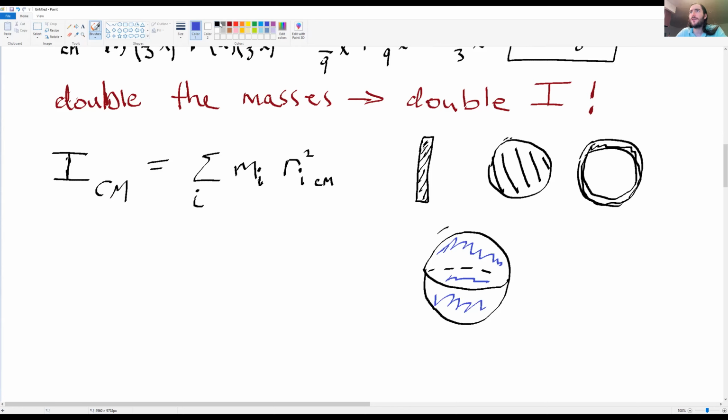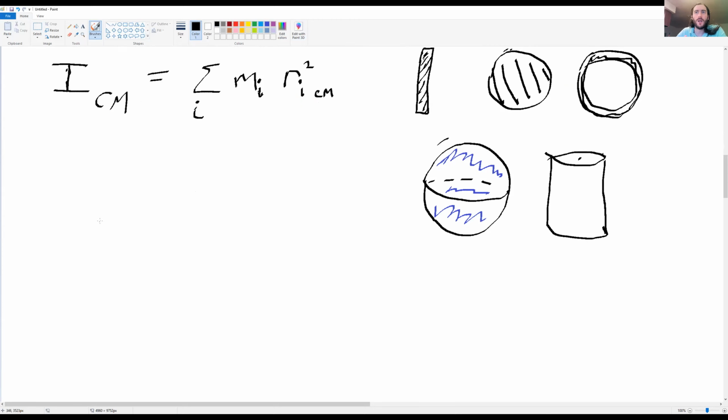And there are moments of inertia for all of these common shapes, okay? We're not going to go through the process of deriving them because that requires calculus. But let's go ahead and write some of the common ones down. I'm just going to copy these formulas from the textbook, I have the little table open over here on the side.